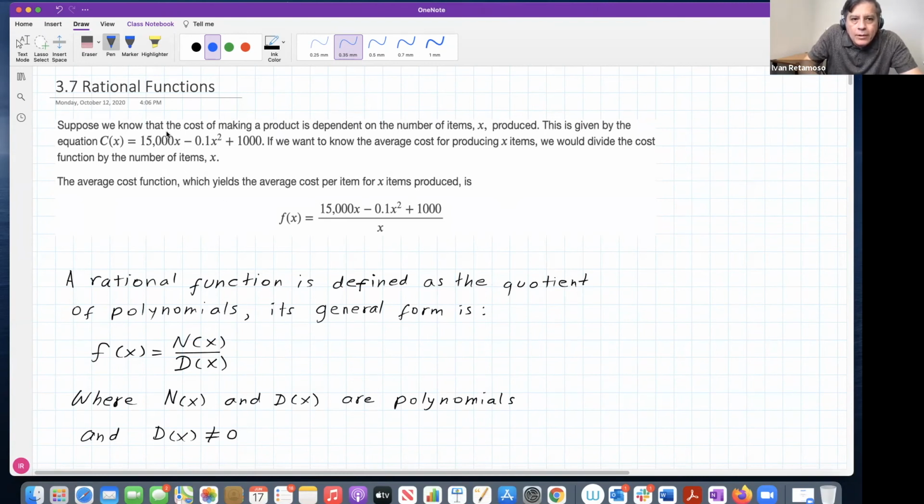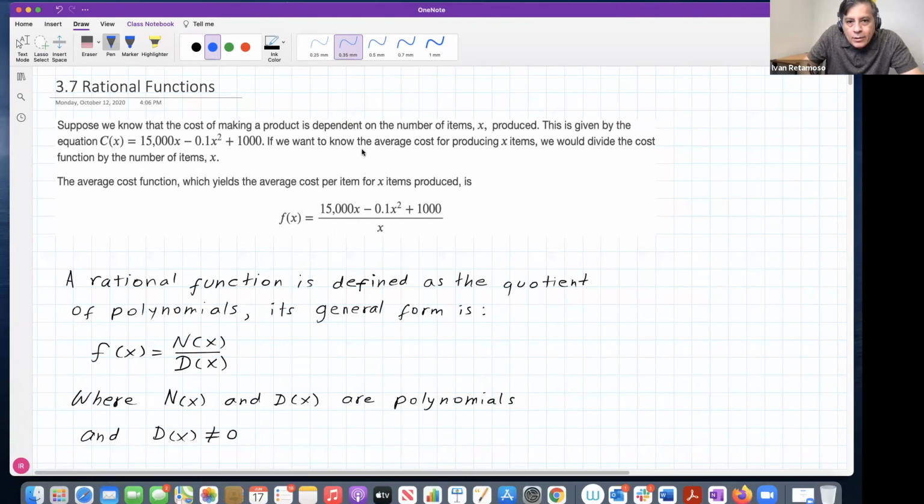Suppose we know that the cost of making a product depends on the number of items x produced. This is given by the equation C of x equals 15,000 times x minus 0.1 times x squared plus 1,000.